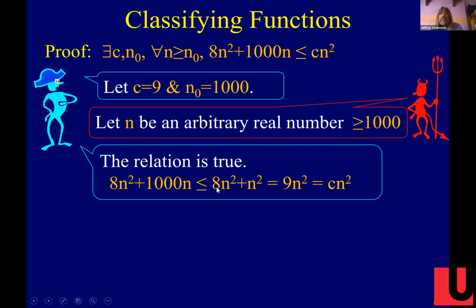Let's compare 1,000n to n squared. Divide through by n, and this is true as long as n is bigger than 1,000. So the extra n squared I put in is enough to eat up the 1,000n. As soon as n gets bigger than 1,000, n squared eats up 1,000n, which gives us 9n squared, which is what we want.